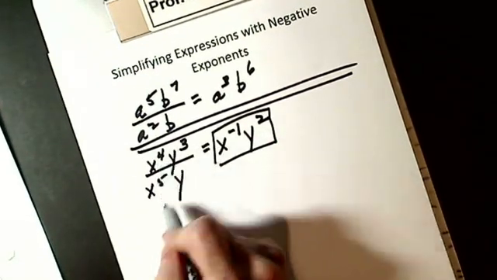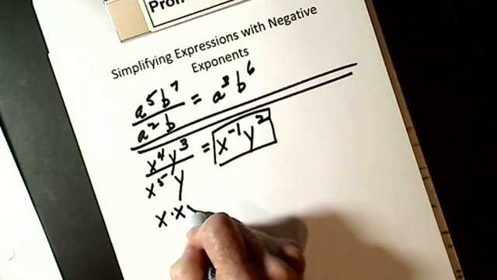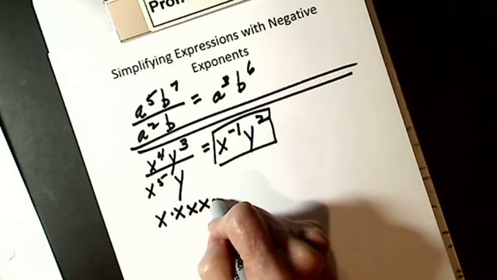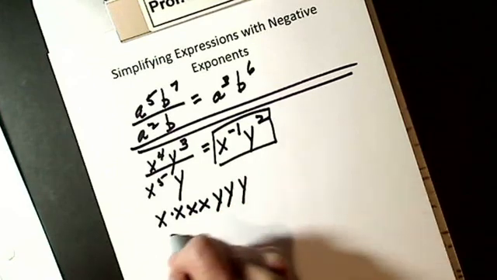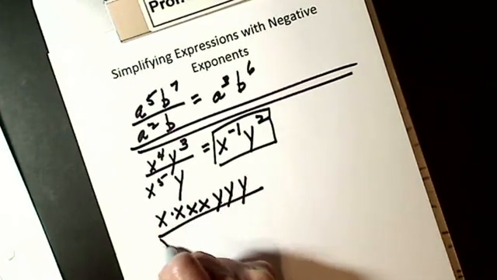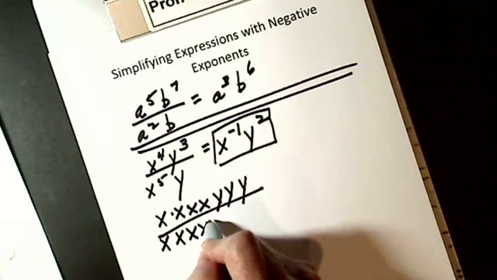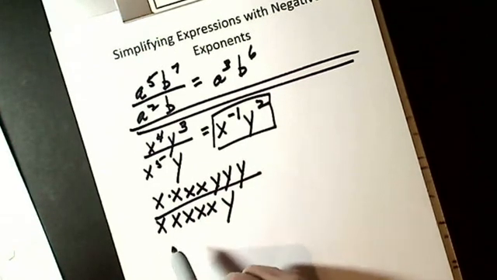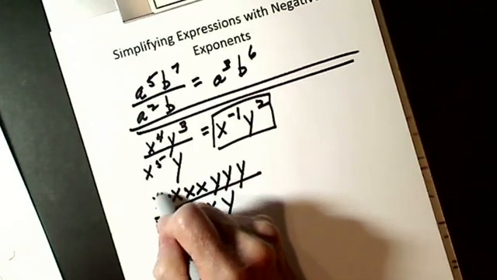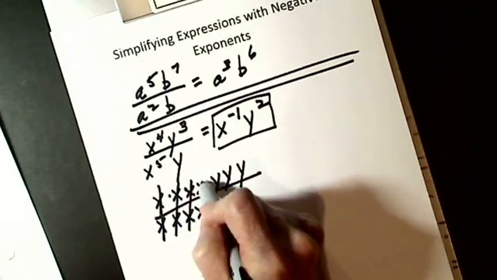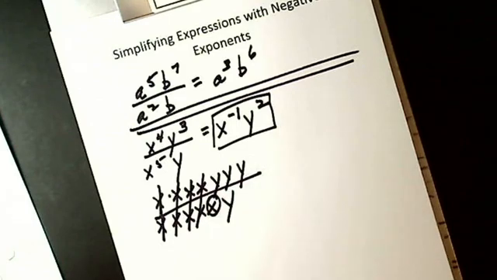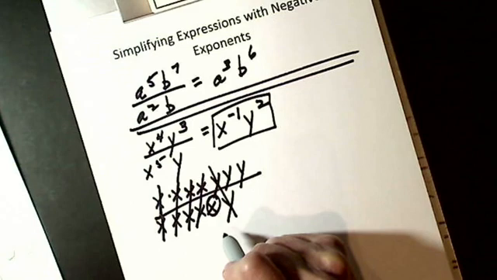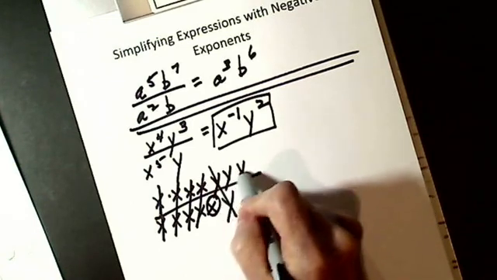Remember, x to the 4th means x times itself 4 times. I've got y cubed, 1, 2, 3. X to the 5th, I've got 1, 2, 3, 4, 5, and I have 1 y. We said anything divided by itself is 1. Cancels to 1, 1, 1, 1, but notice there's an x left. I canceled this pair of y's, but I'm left with y squared.